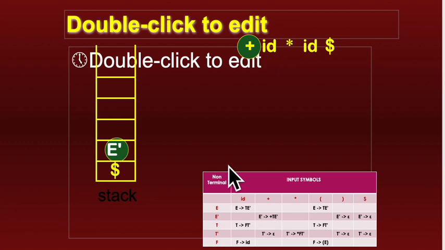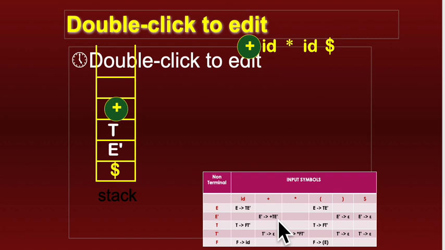T' is already popped. Now we have E' on plus. Look at the table: we have E' gives plus TE'. So the left hand side symbol E' is replaced with plus TE'. We write it here. Now the top of the stack is plus and the input is plus.